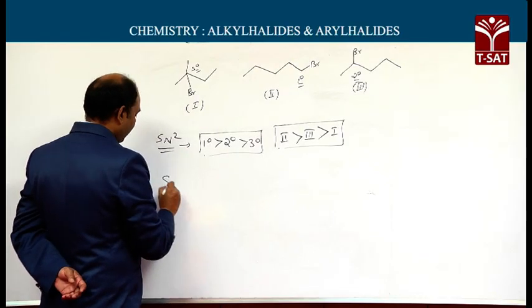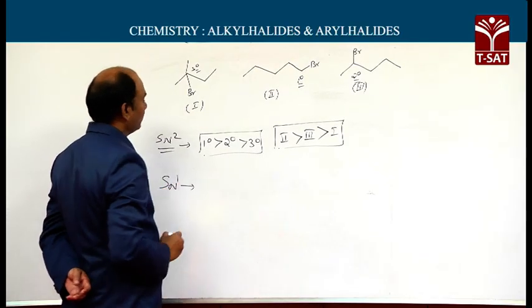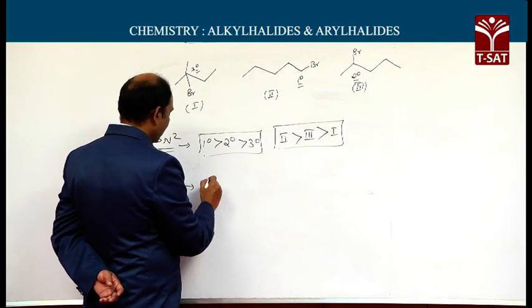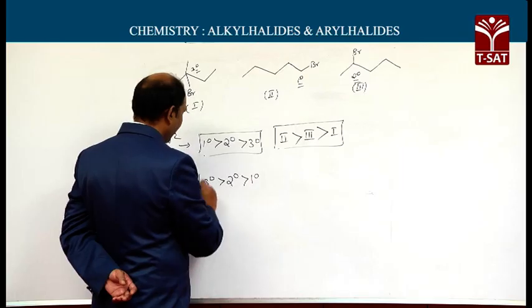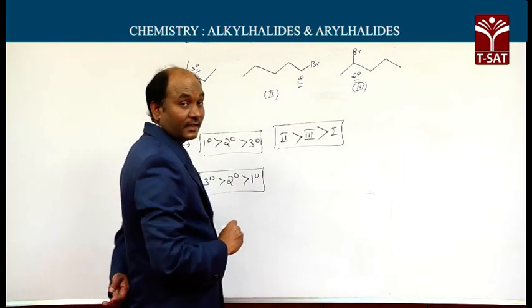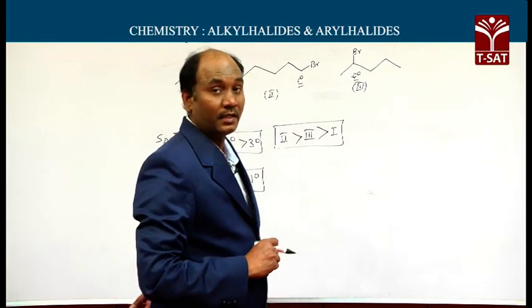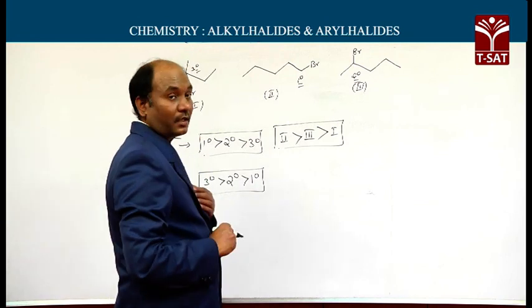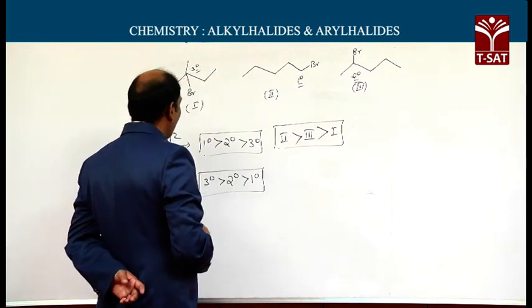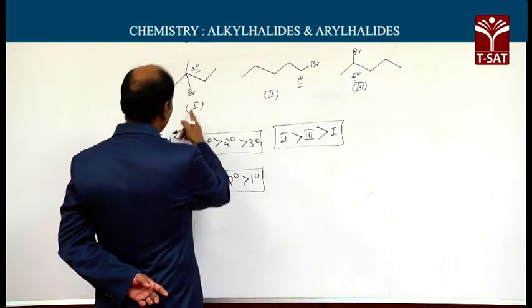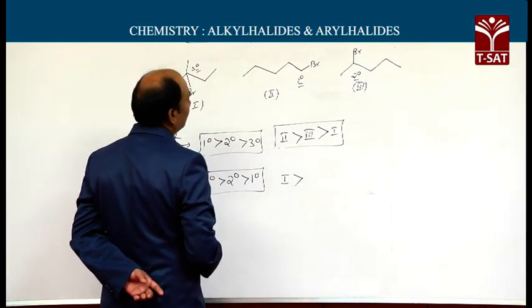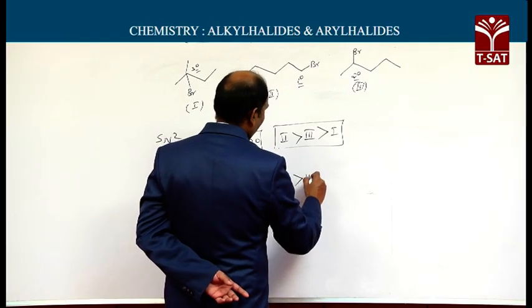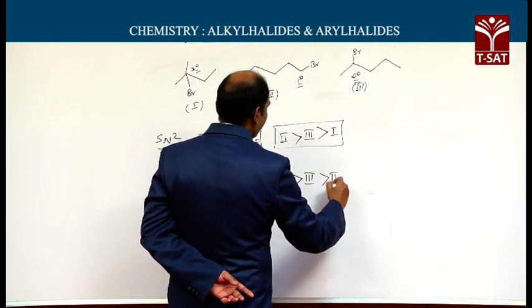So what about the SN1 reaction? In SN1 reaction, tertiary is more reactive than secondary, and secondary is more reactive than primary. The reactivity depends on the formation of the carbocation. So the tertiary carbocation, the first one, is more stable, which means the first one is more reactive than the second, and the third one is more reactive than the second one.